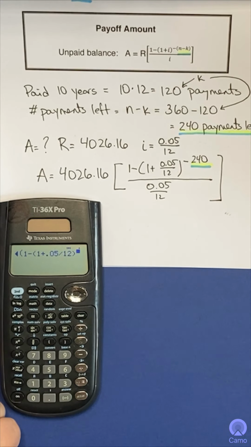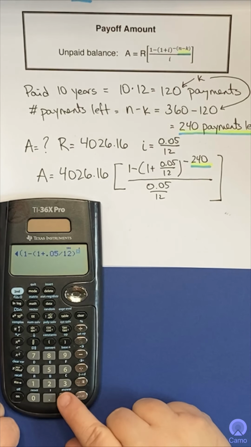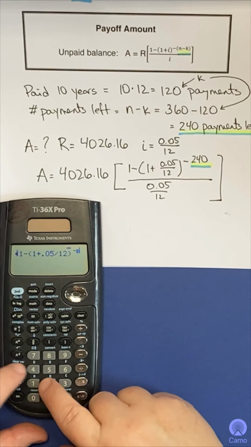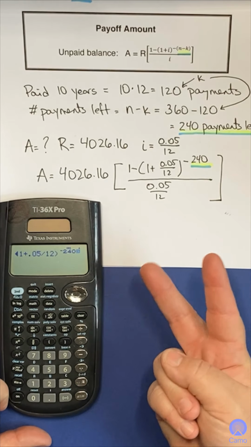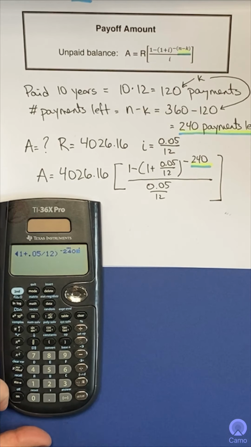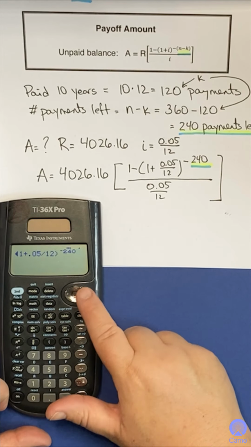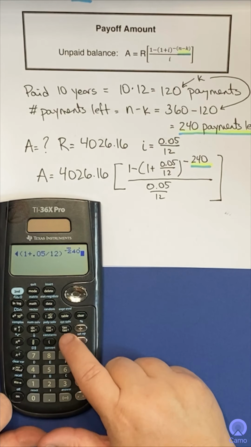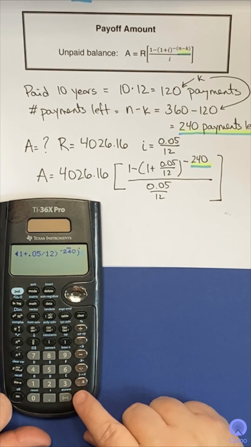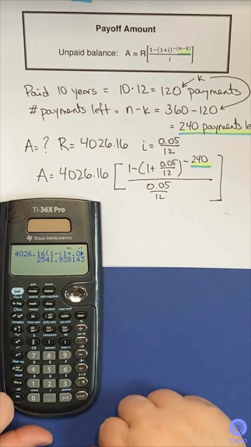And again, for my calculator, I'm going to press the change the sign button first and then 240. Yours might require you to switch that order, the 240, and then change the sign. Then I'm going to move myself back out of the exponent, close my parenthesis, and hit enter, and get that.